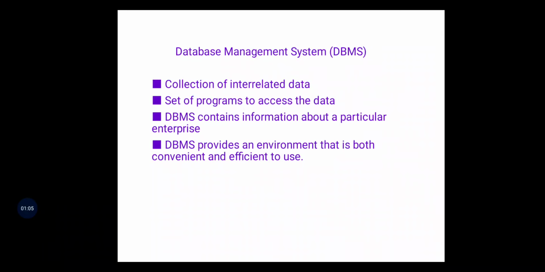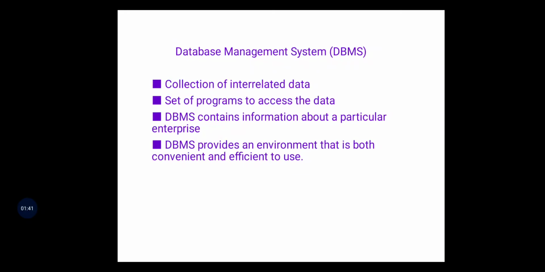The corresponding register number denotes a particular name, and mark 1, mark 2, mark 3 are examples of other fields. These marks belong to the particular register number and student name. So name, register number and marks are interrelated data. They relate to a single student. So a collection of interrelated data is the database management system.